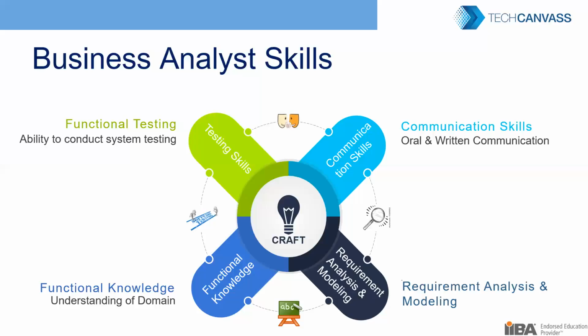So even in the course, we are going to focus a lot on this. Third part is the functional testing, which is the ability to validate not only the software, but also the requirements. So even if we have, the third part was functional knowledge. The functional knowledge is about understanding the business processes, how well you can understand the business processes so that you'll be able to understand the jargons used by the customer.